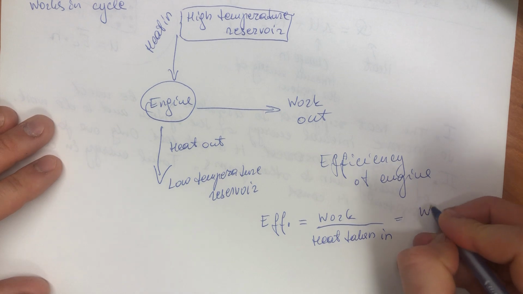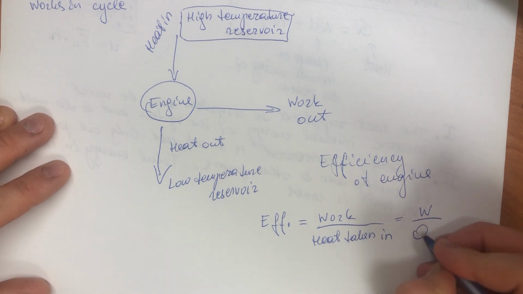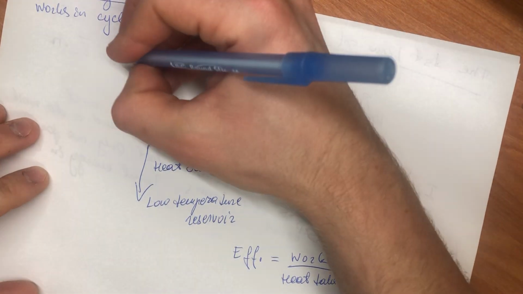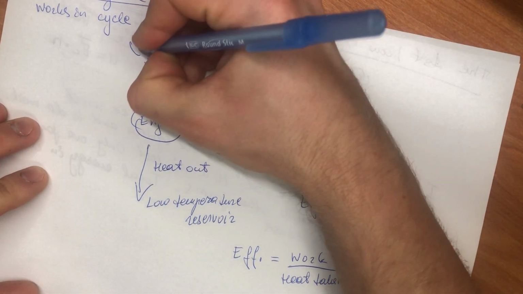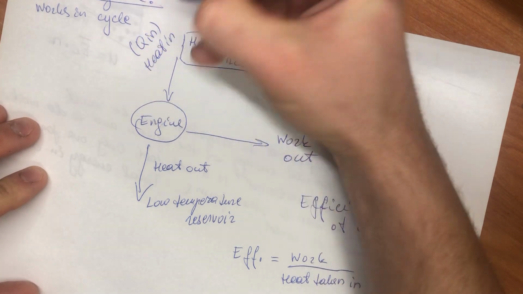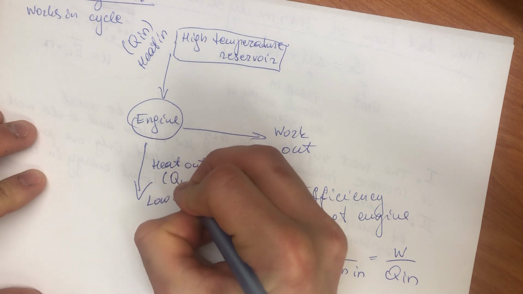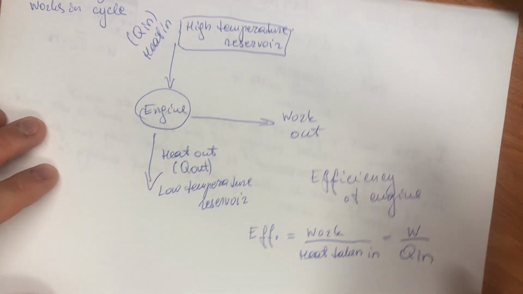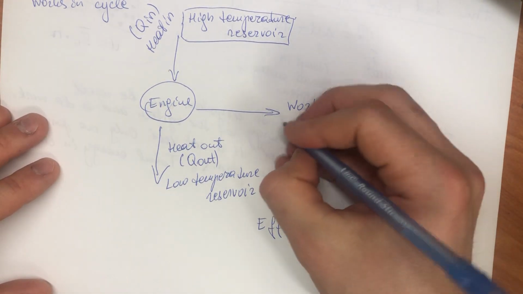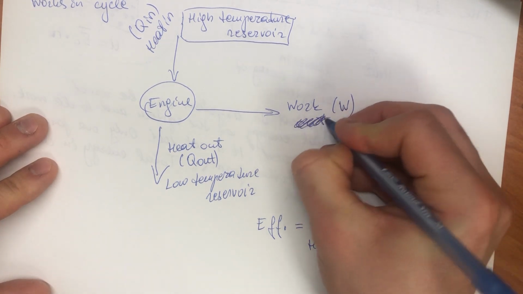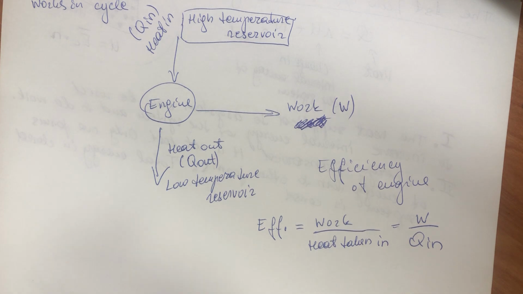So it means work divided by Q in. Heat in would be Q in, heat out would be Q out, and the work that was done would be W.